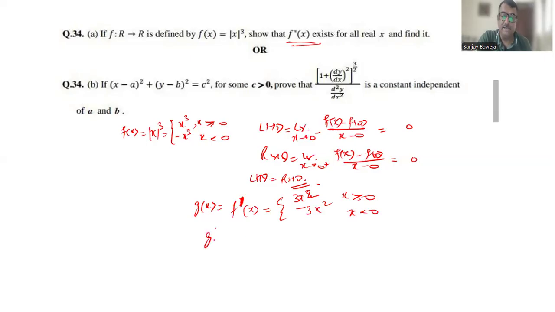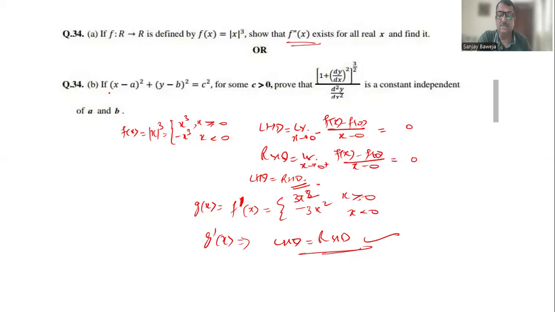So for g dash x, again you find out LHD and RHD, and you will find that both are the same again for 3x square and minus 3x square. So in this case, we show that f double dash x exists for all real values of x, and this will be 6x and minus 6x. Right? I hope this part is very, very clear.